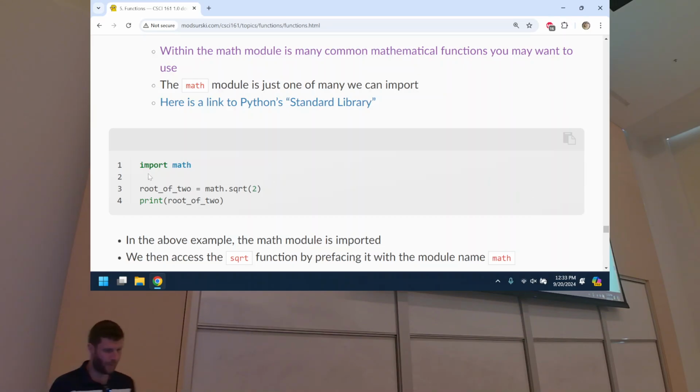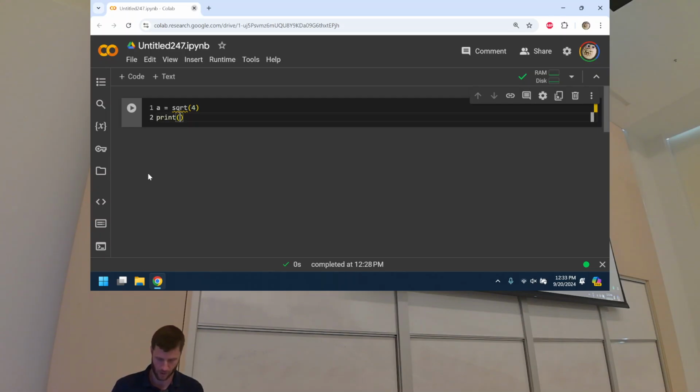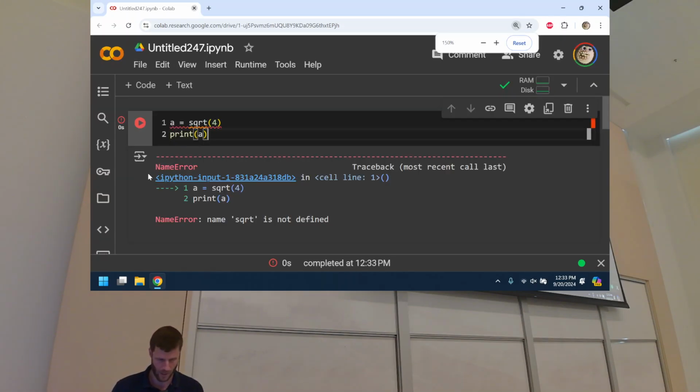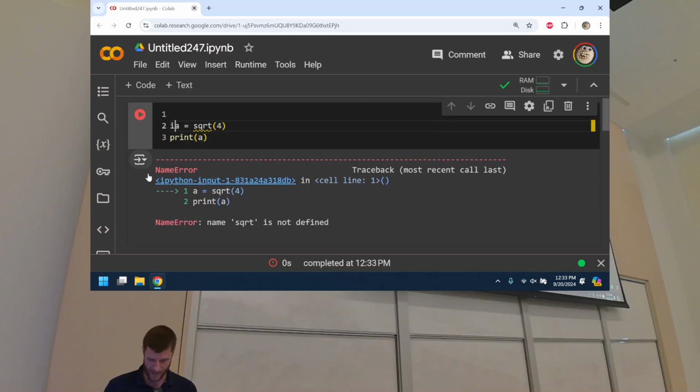If I don't import math, let me show you. If I say a equals sqrt of 4, and then print a, it's going to say sqrt is not defined. So what I do is I import math.